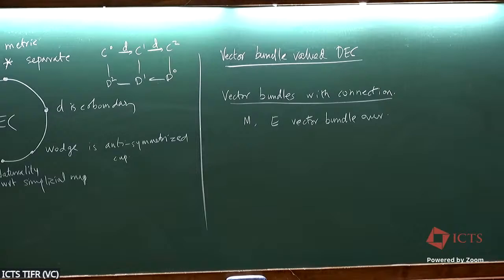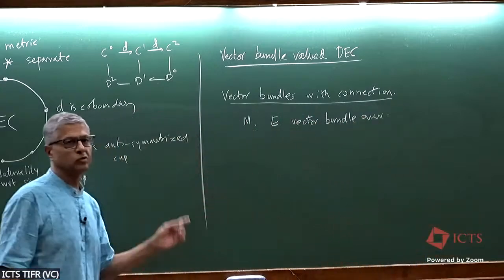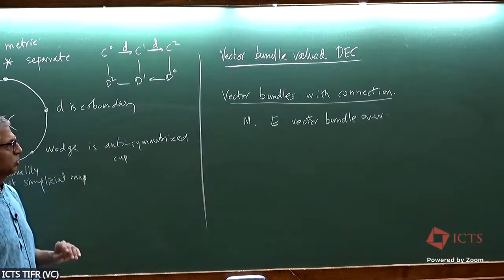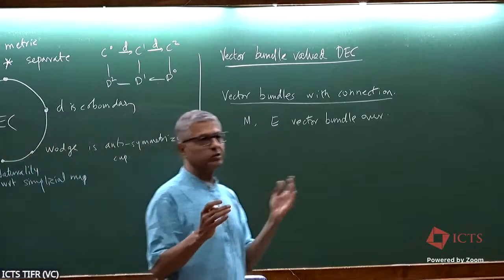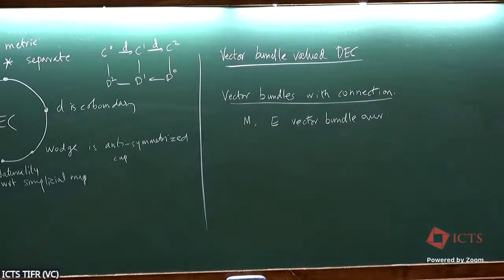The technical definition will have more things like local trivialization, restriction to a point is a homeomorphism, is a linear map and all that. But we don't need all that. So the picture to keep in mind is that you have a manifold and you have a vector space of the same dimension stuck everywhere.